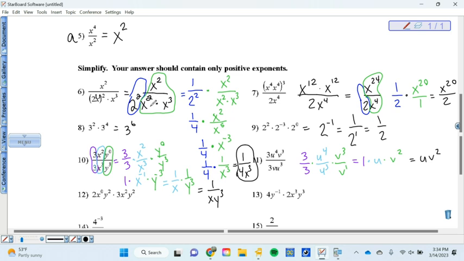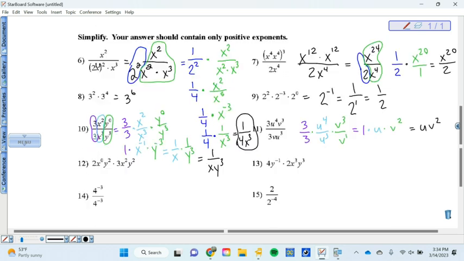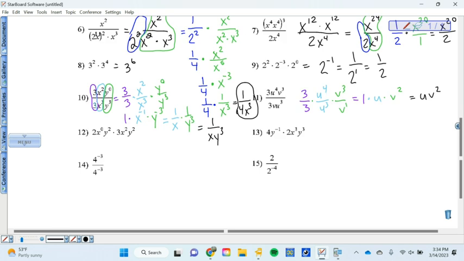Okay, number 12. Same kind of idea, but now we're just multiplying instead of dividing. But we still want to break everything up by their base. So I have this 2 and I have this 3 here. I'm going to take those out in front.